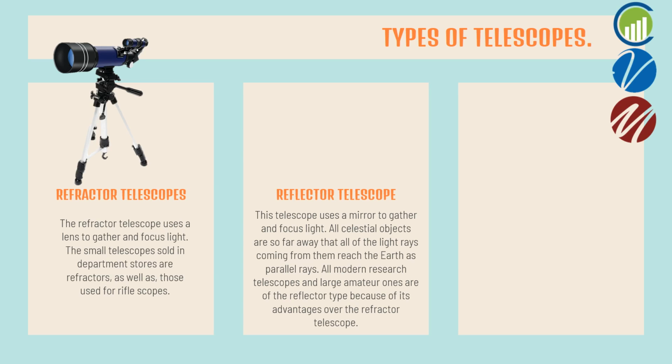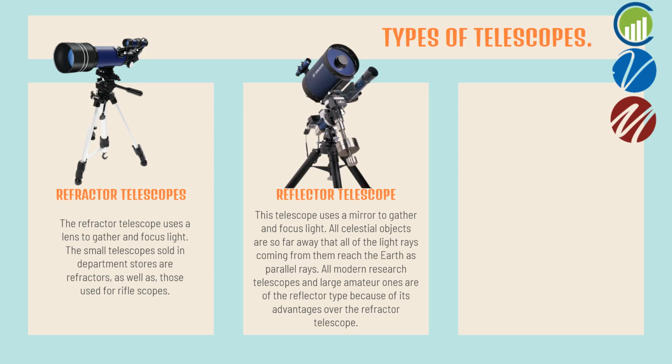All modern research telescopes and large amateur ones are of the reflector type because of its advantage over the refractor telescope. And this is an example. So, the refractor telescope uses lenses, and the reflector telescope uses mirrors.